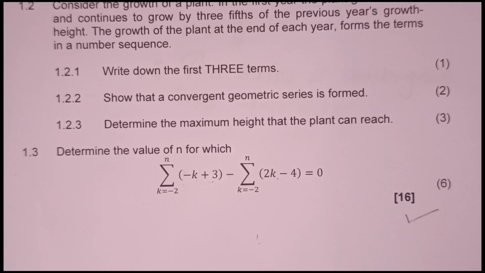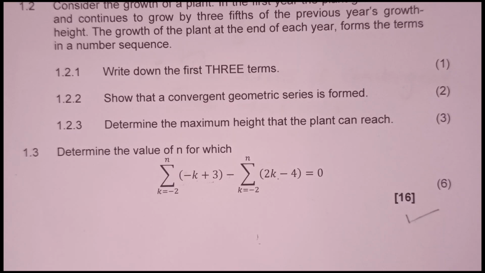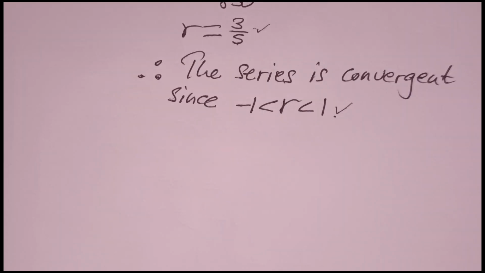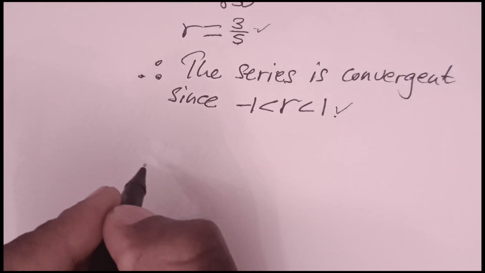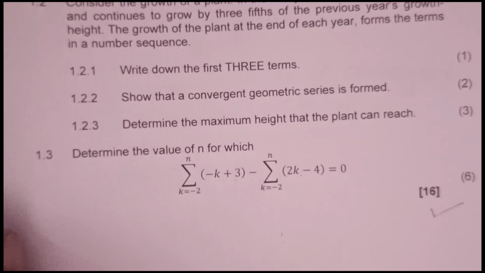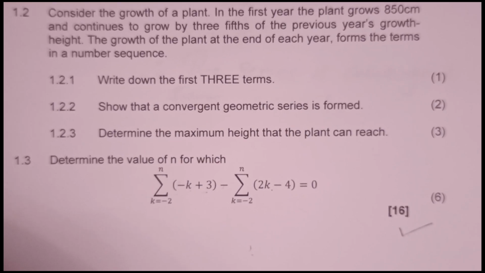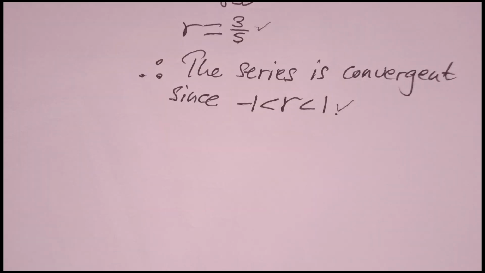So these heights, when you add them together up to infinity, are going to approach a certain value. What are you thinking of? Exactly. Sum to infinity. That's what 1.2.3 requires. Determine the maximum height. They are actually asking for the sum to infinity.